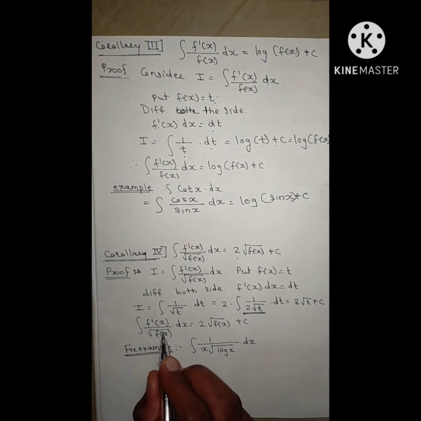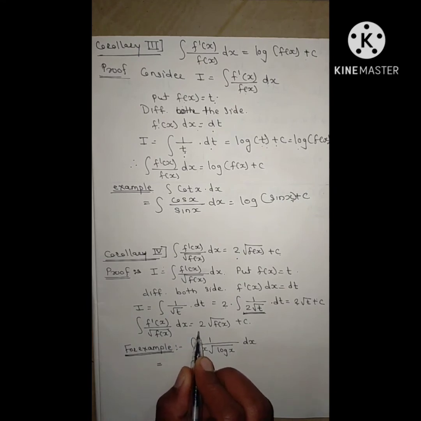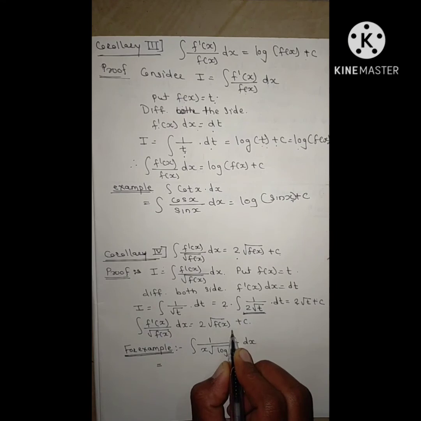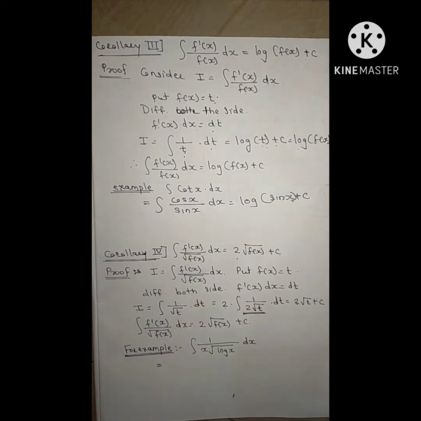Therefore integration f dash x divided by under root f of x dx is equal to 2 into under root f of x plus c. We use the standard formula. Here we solve this example.